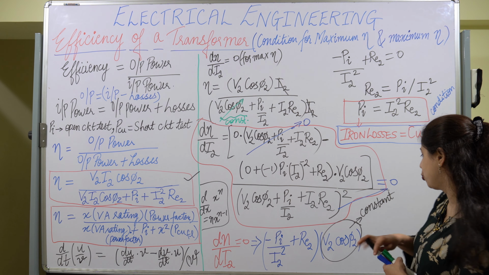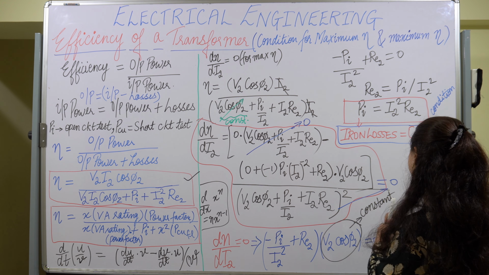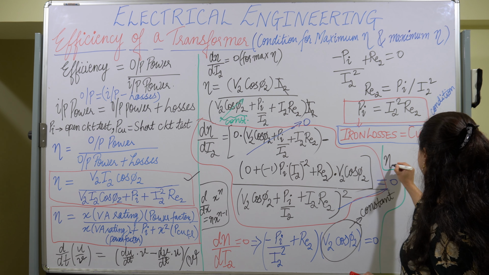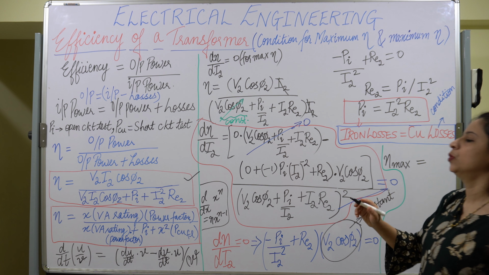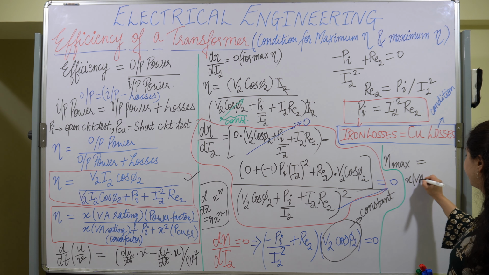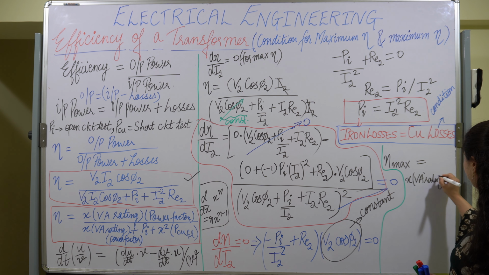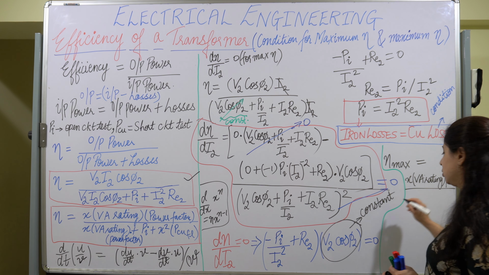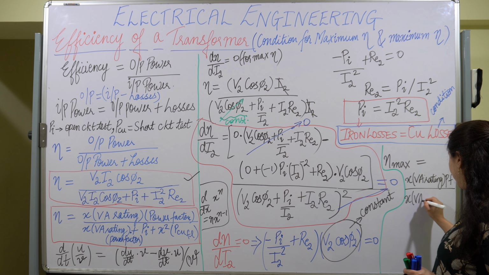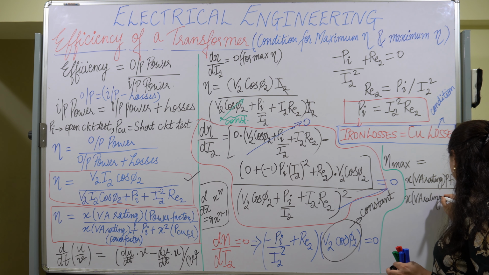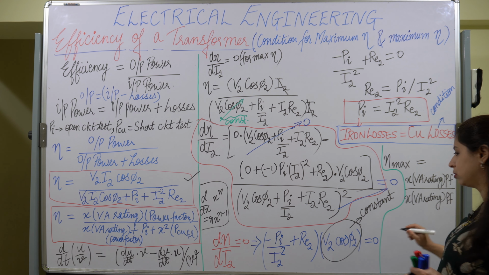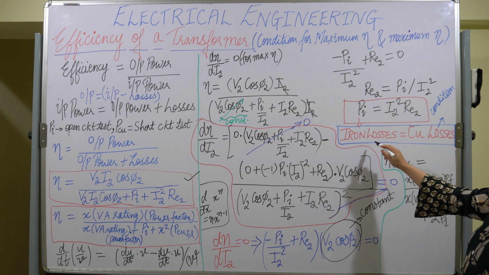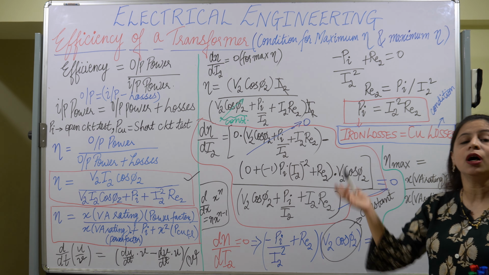So the maximum efficiency expression would be eta max equal to x into VA rating into power factor upon x into VA rating into power factor, okay, and plus 2 pi, because copper losses Pi is equal to the iron losses.